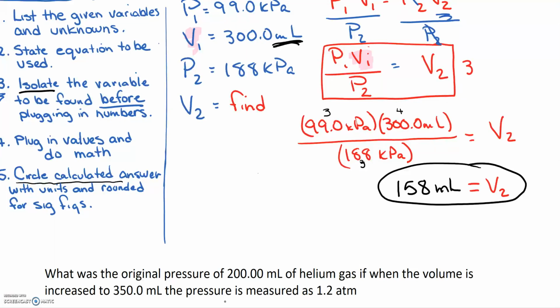What is different in this problem? Instead of using kilopascals, we're going to use atmospheres for our pressure unit, but we're still using milliliters as our volume unit. As long as you understand your answer for pressure will be given in atmospheres this time instead of kilopascals, you can do the problem exactly the same following the 5 problem-solving setup steps.